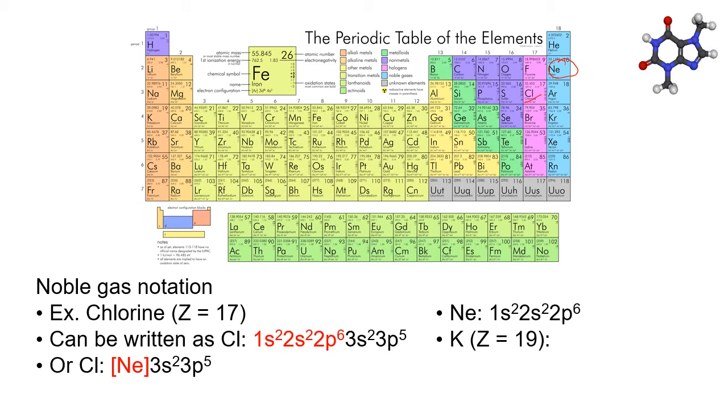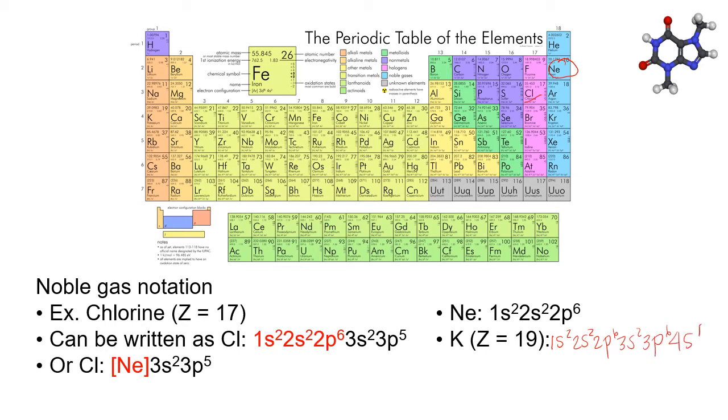Let's use potassium as another example. Potassium's electron configuration is written as 1s2, 2s2, 2p6, 3s2, 3p6, and 4s1.